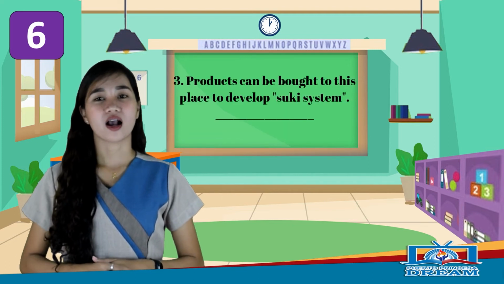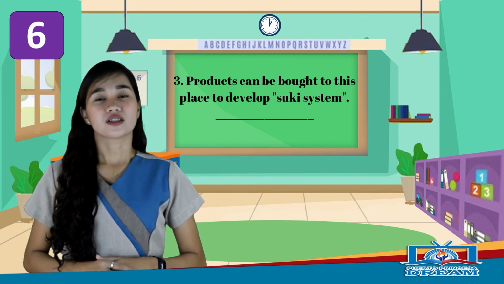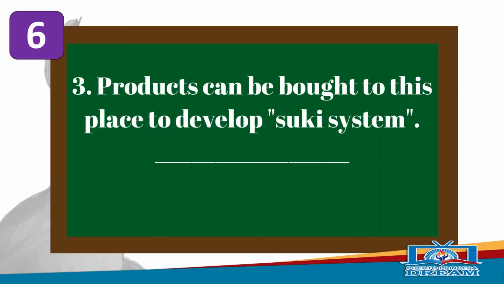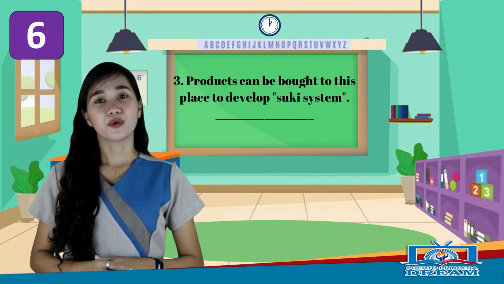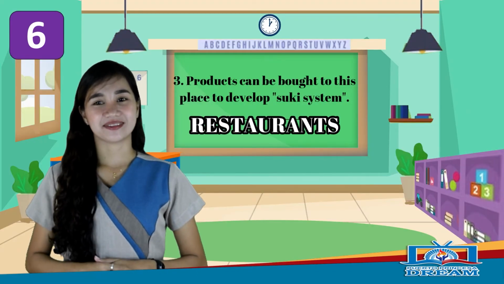Number 3. Products can be bought to this place to develop Suki system. What's the answer? Restaurant. That's right.